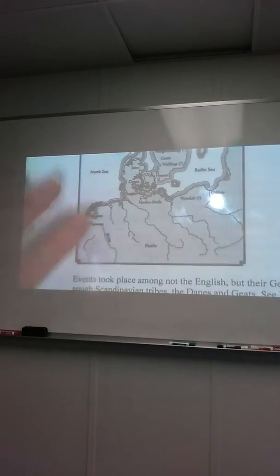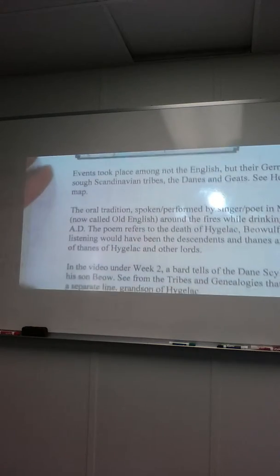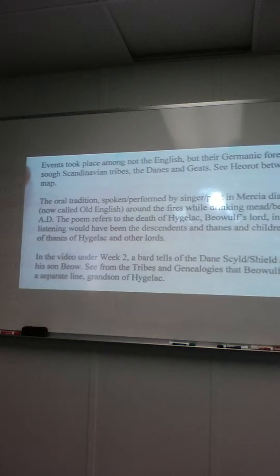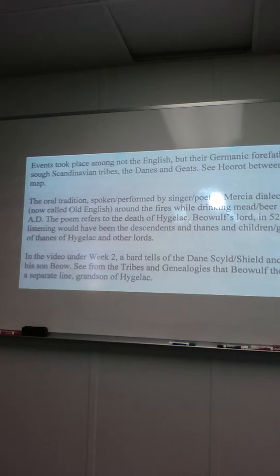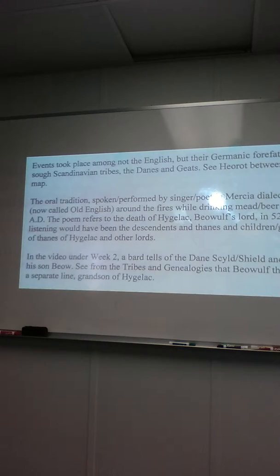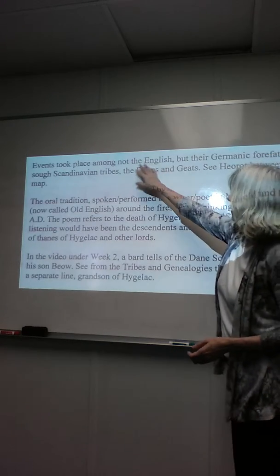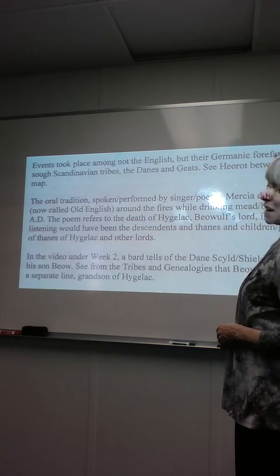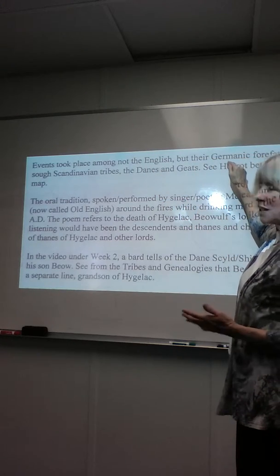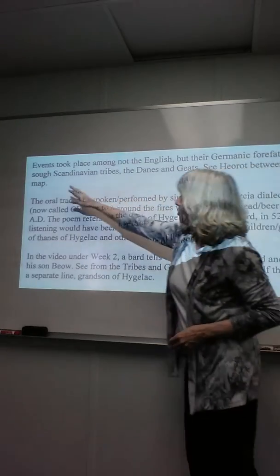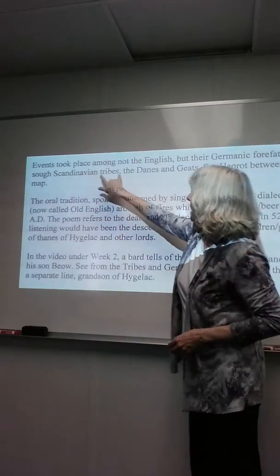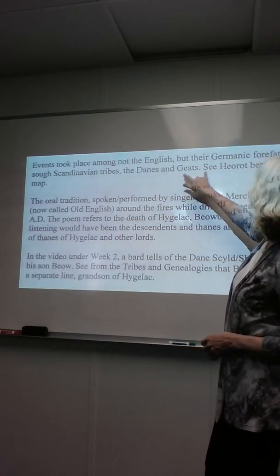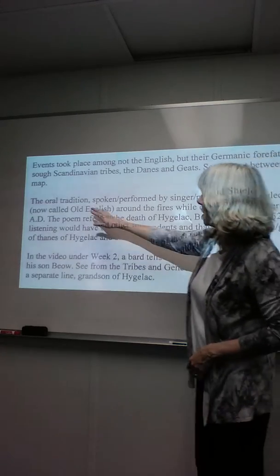And so it's important for people to know that these events that took place, it's not literally English. Not among the English as we think of them now, but their Germanic forefathers, pre-English. They're supposed to be South Scandinavian tribes, the Danes and the Geats, and I just showed you Hart on the map.